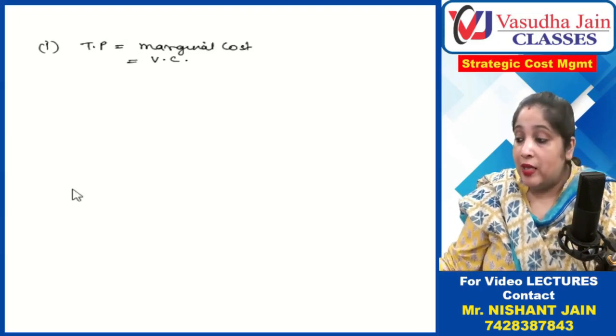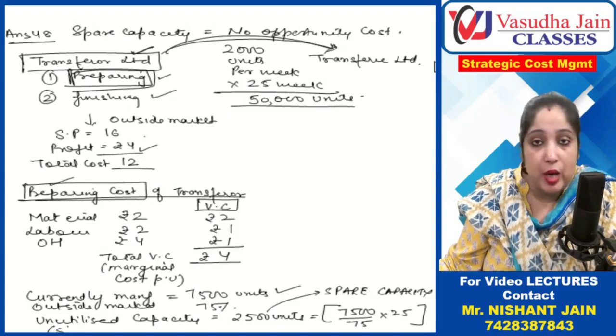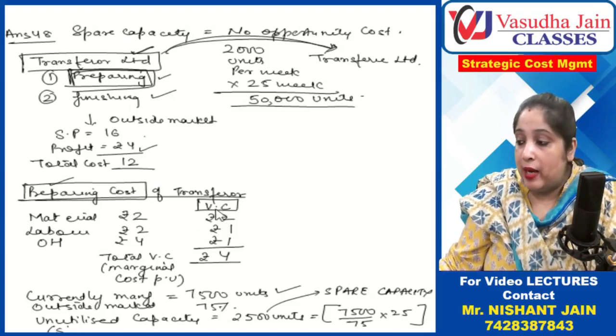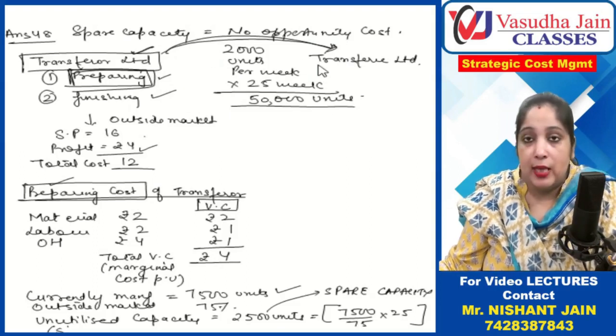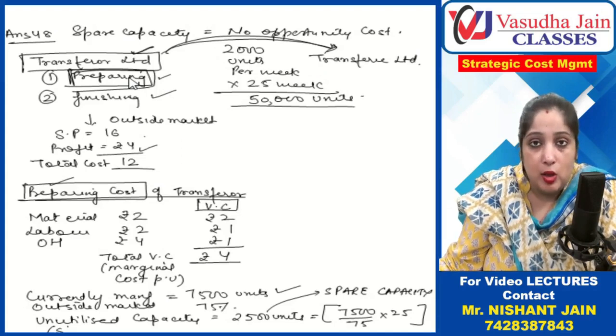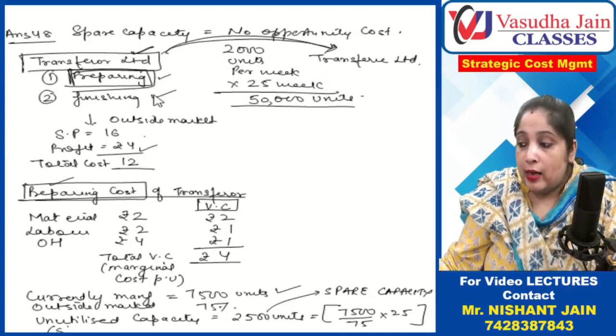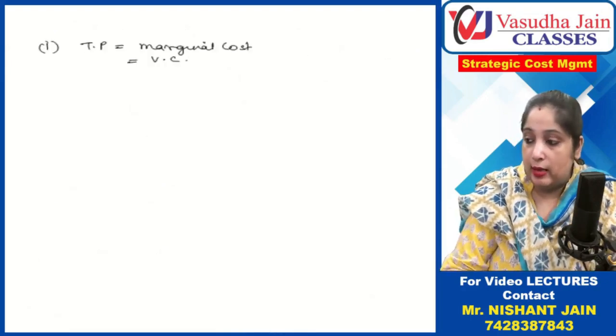So you will have to supply 50,000 units to Transferee, and if you fix the variable cost 4 rupees as transfer price, you charge them 4 rupees, there is no profit to them, neither loss, because currently you are not even selling those 2500 spare capacity. You already have spare capacity.